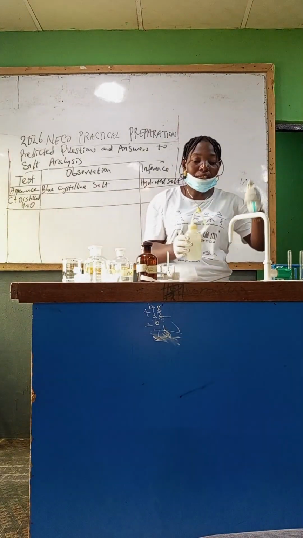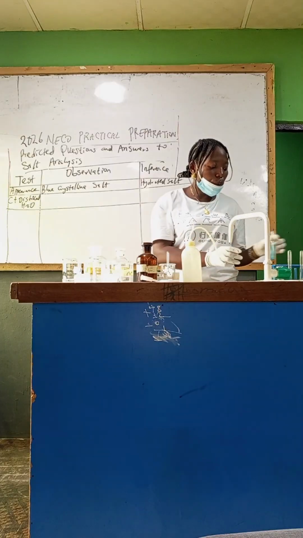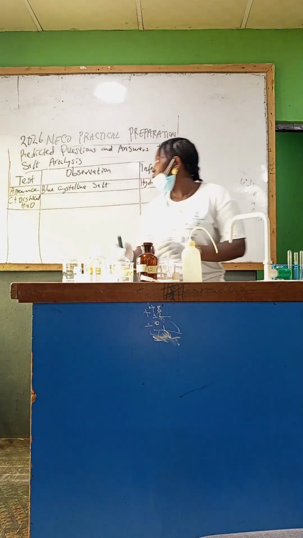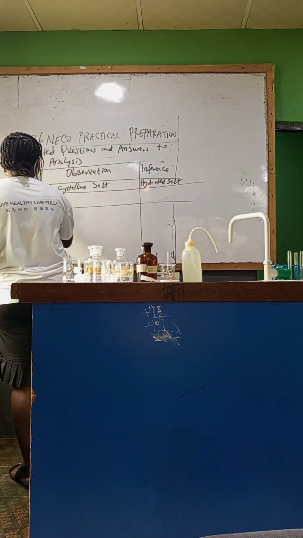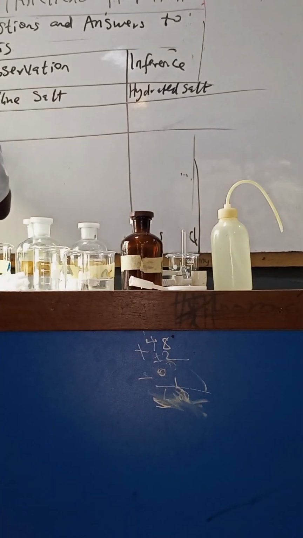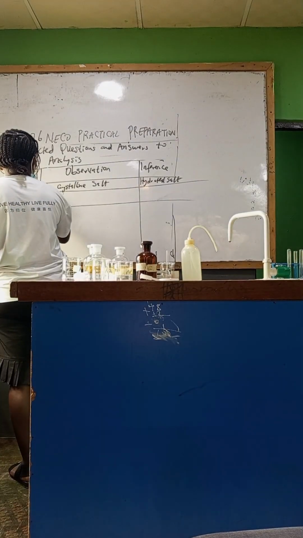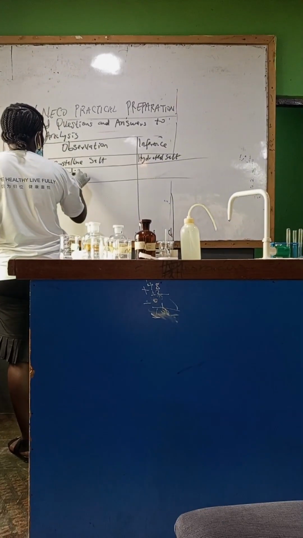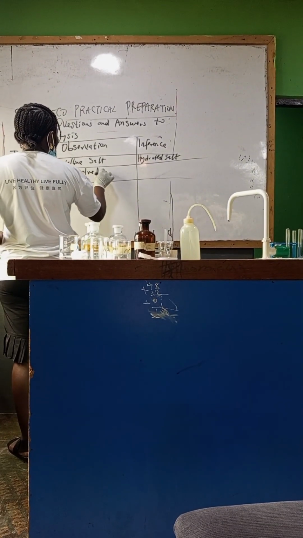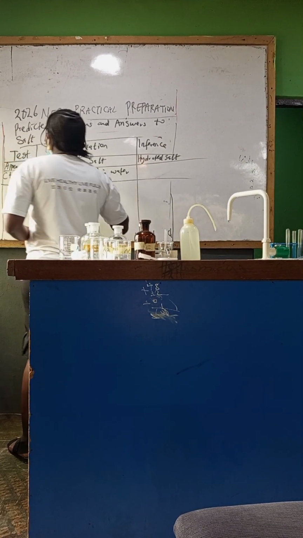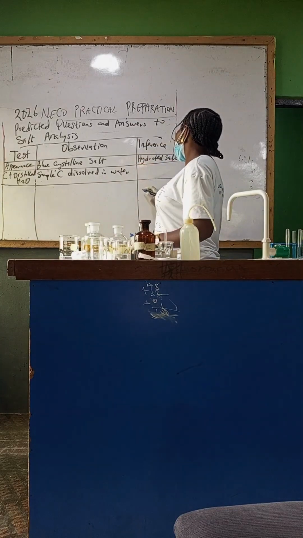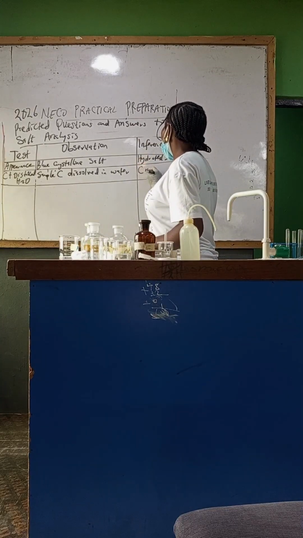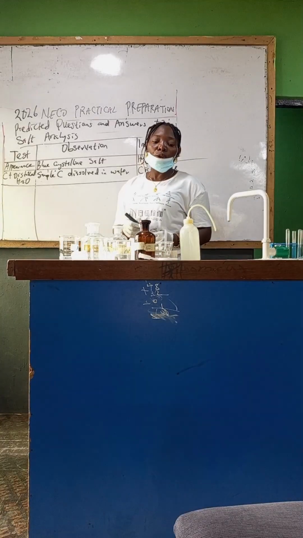So you can see that it is soluble in water. Sample C dissolved in water. Under inference, you have it that C is a soluble salt.